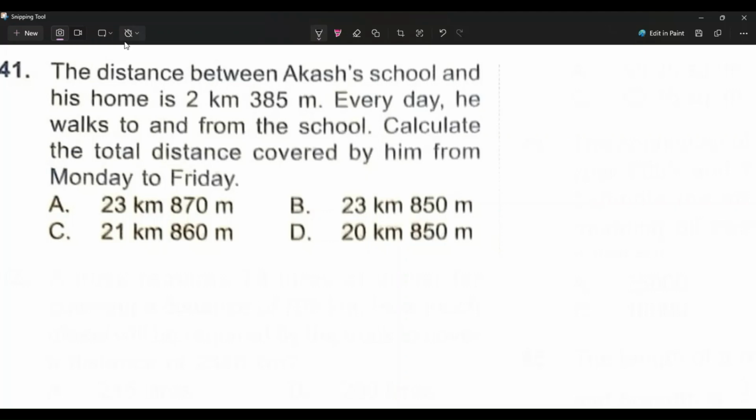Question number 41. The distance between Akash's school and his home is 2 km 385 meters. Every day he walks to and from the school. Calculate the total distance covered by him from Monday to Friday.